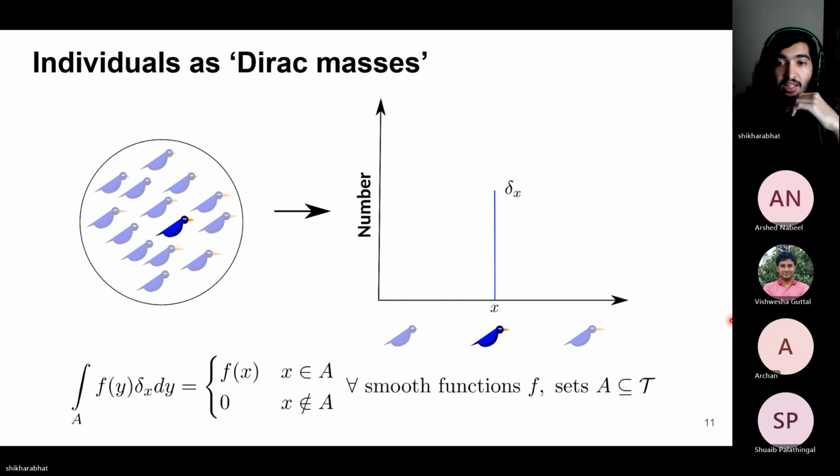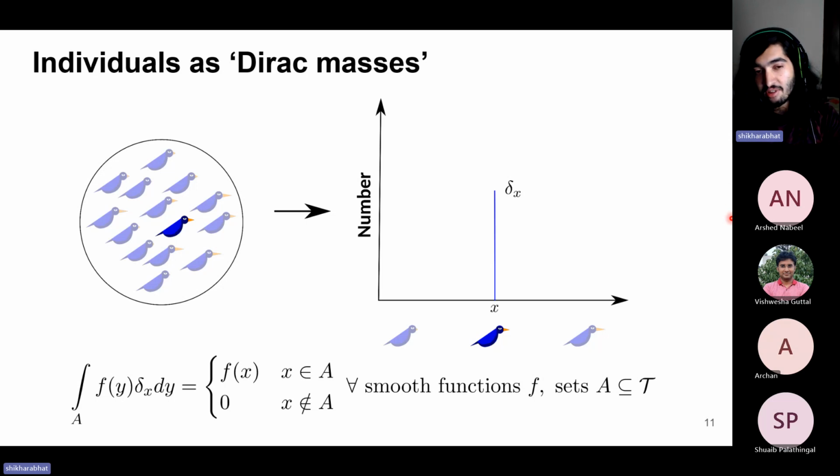If I have any set A, which is a subset of my trait space, and any nice function f, and I integrate f times delta x over the set A, I will recover f of x if x is in A and 0 otherwise. This is how I am formally defining this Dirac mass.